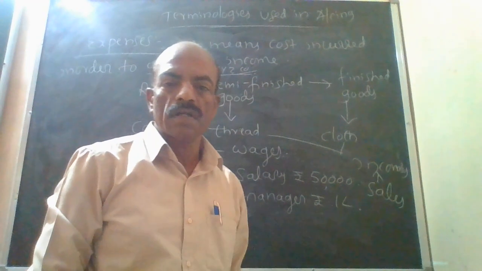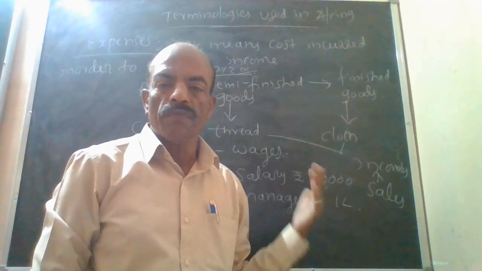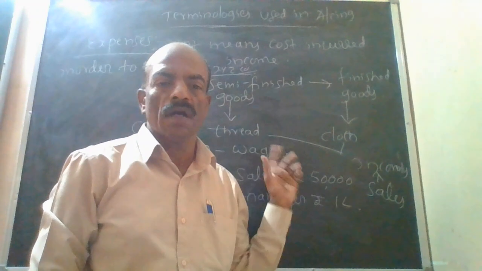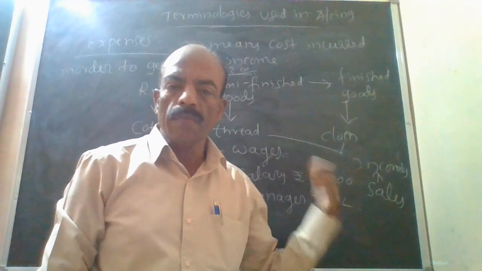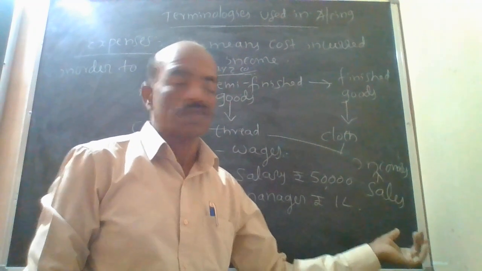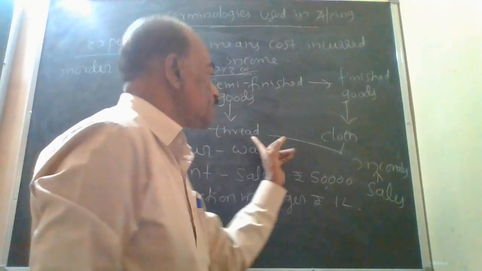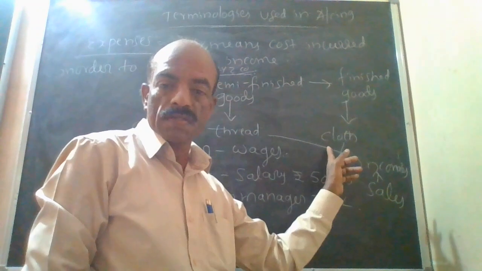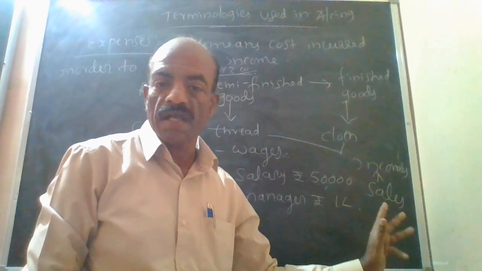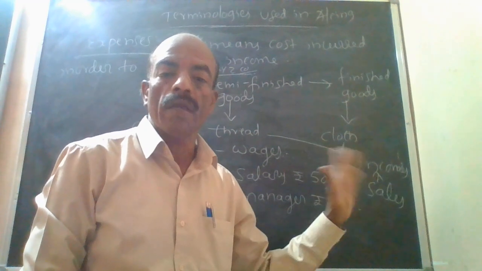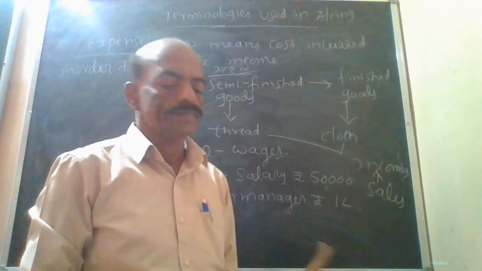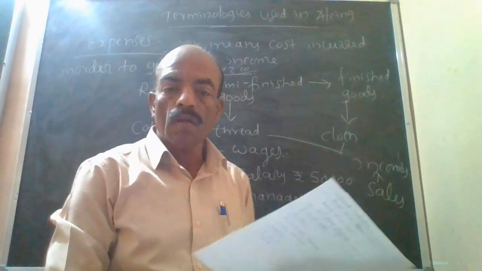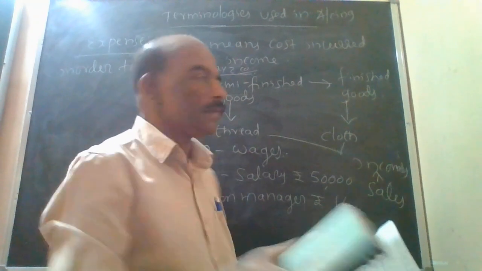In a manufacturing concern, we incur various costs converting the raw material into semi-finished product or finished goods. Here we sell either the thread or the cloth. That sales is the income or revenue for the business. Next, we have to understand what is loss.